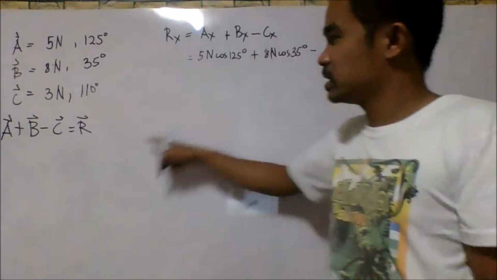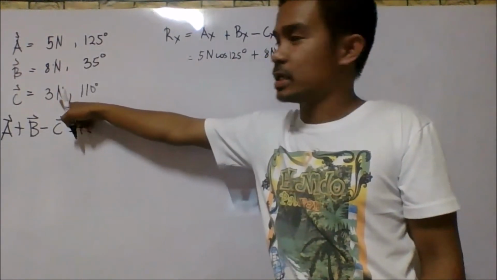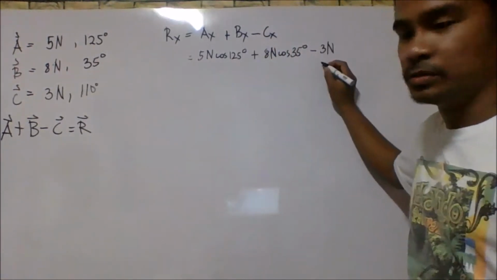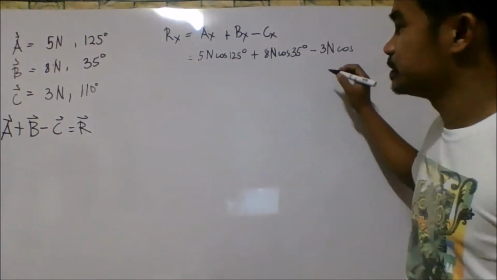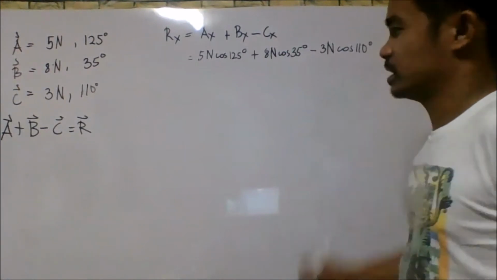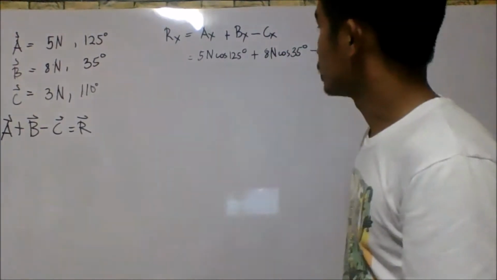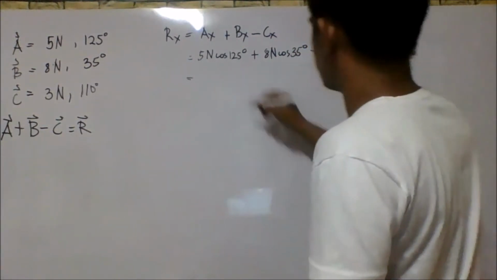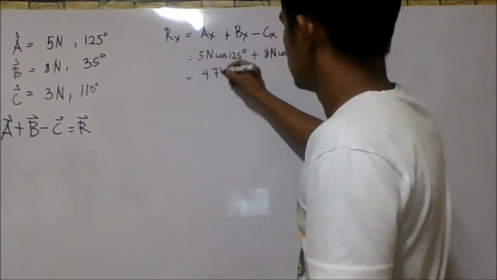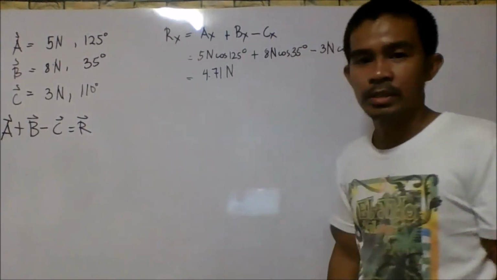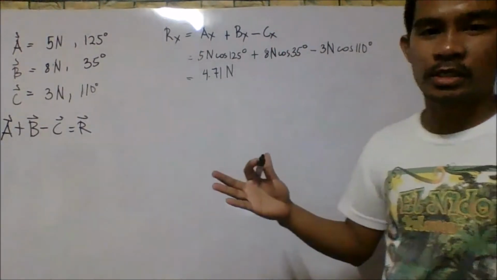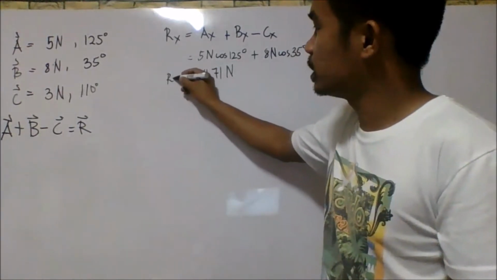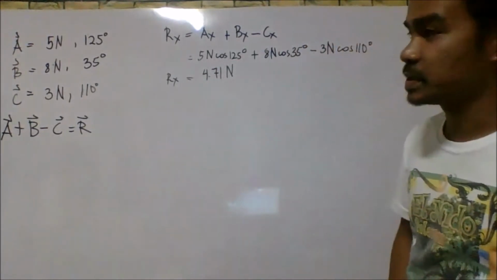Minus C of x, which is the magnitude of vector C, 3 Newton, cosine of 110 degrees. So that's approximately equal to 4.71 Newton. You can double check it using calculator. So we have now the x component of vector R.